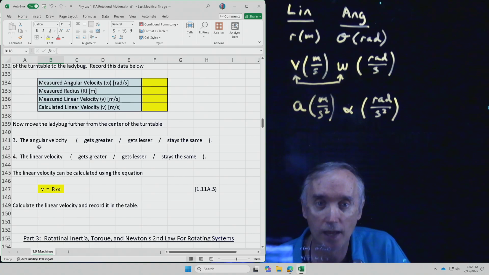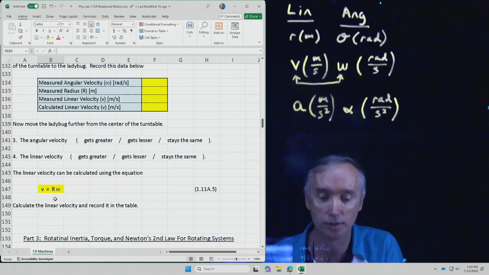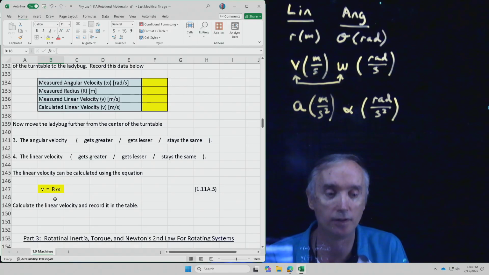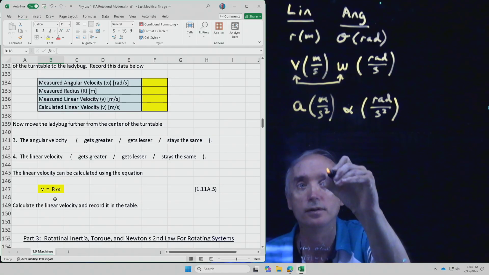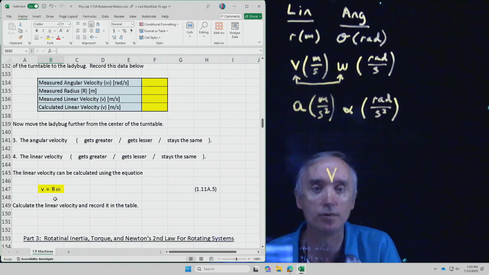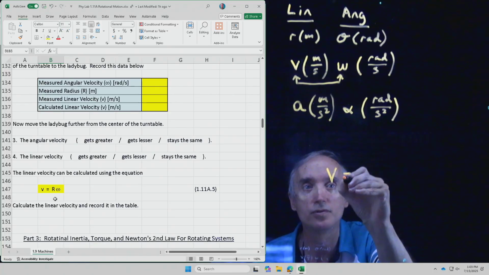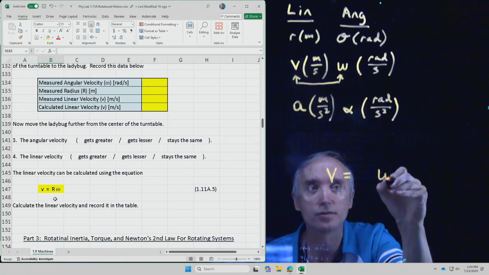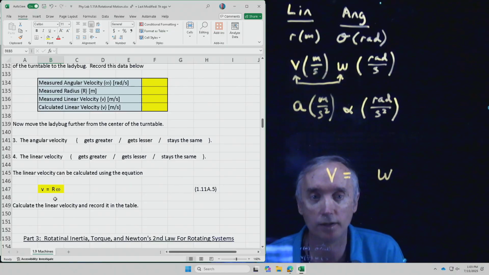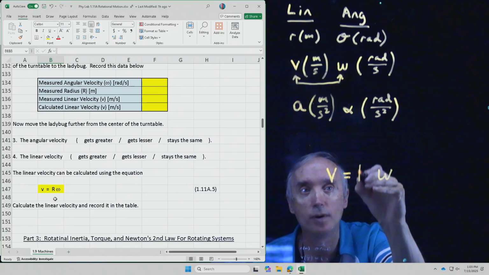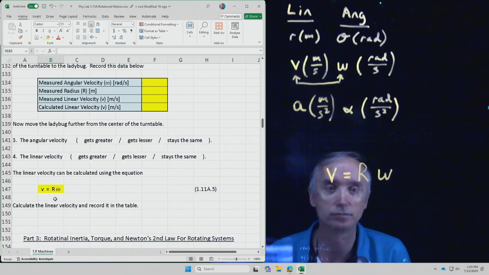Because the angular velocity and the linear velocity are connected by this formula here. So the linear speed of something that is rotating is equal to the angular speed at which it's rotating multiplied by the radius.